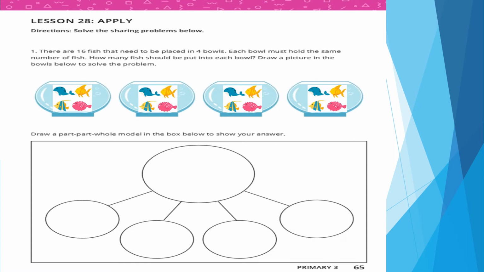So draw a part-whole model. The whole is 16, and the parts: we will divide this 16 into equal parts. So we will divide it into 4 and 4 and 4 and 4.